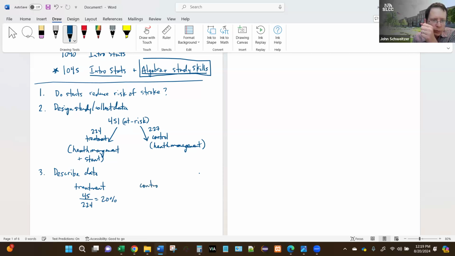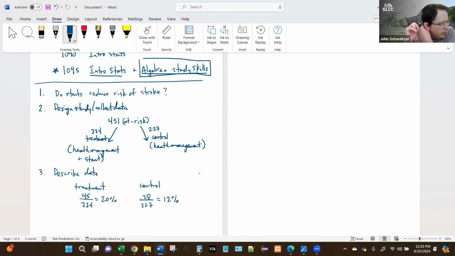In the control group, there were a few more people. They kept it pretty well balanced, but sometimes with these studies people drop out, or data is lost, something happens. So it doesn't have to be exactly the same in both groups. 28 of these people had a stroke, for an incidence rate of 12%.